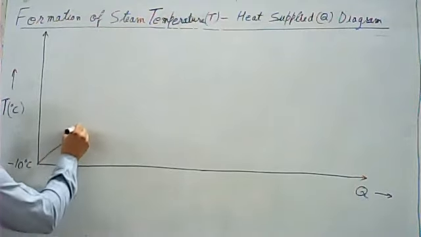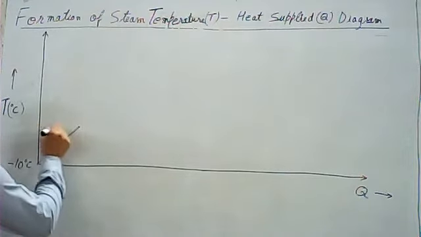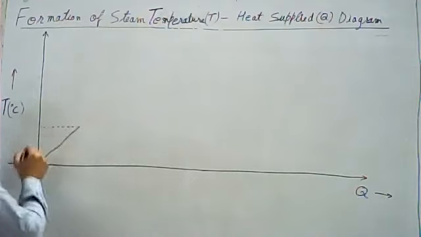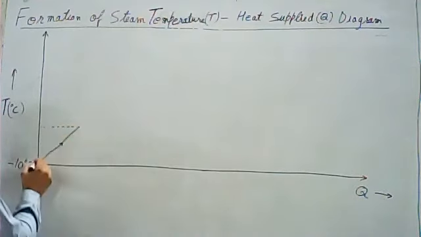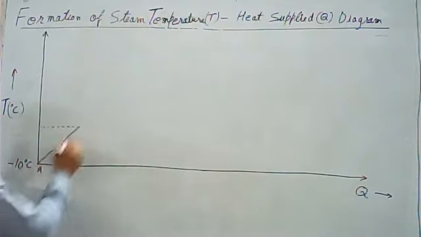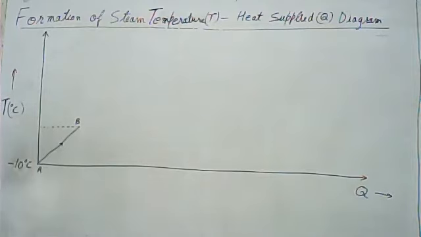Okay. And it reached a point where, if we take this point as A and this point as B, from A to B the temperature of the ice started to increase.